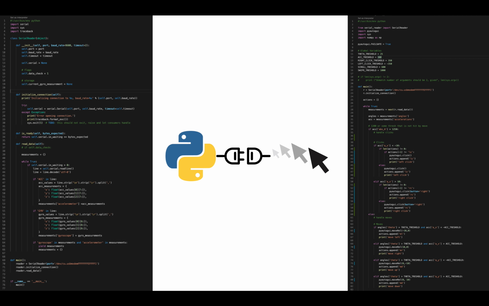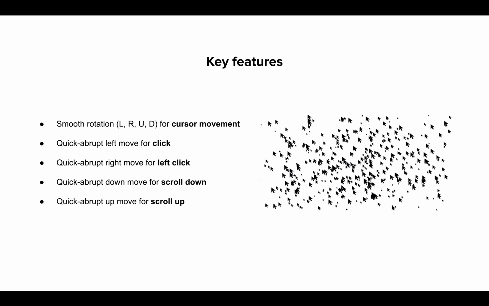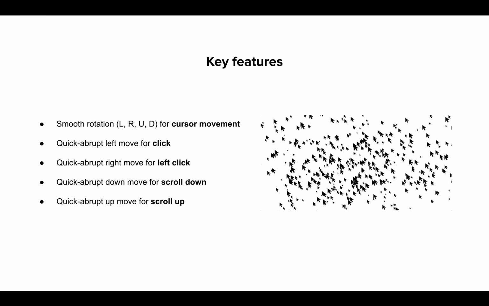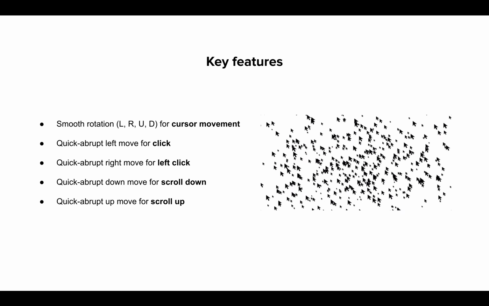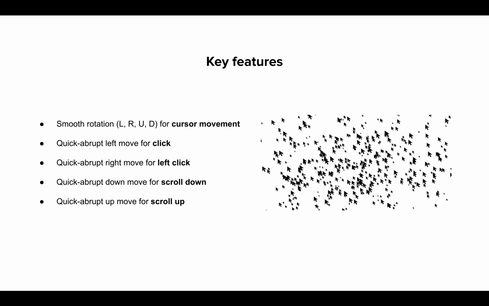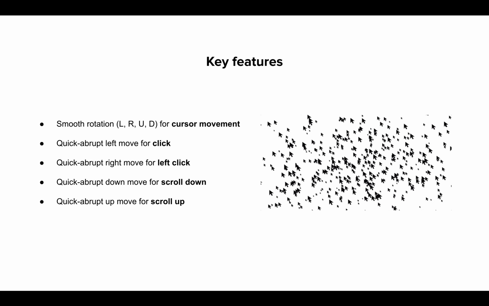And then the second part is how we can integrate what we got from the SensorTile through the serial library and move it towards the actual control itself. So the key features are smooth rotation for cursor movement, a quick abrupt left move is a click, a quick abrupt right move is a left click, a quick abrupt down is a scroll down, and move up.